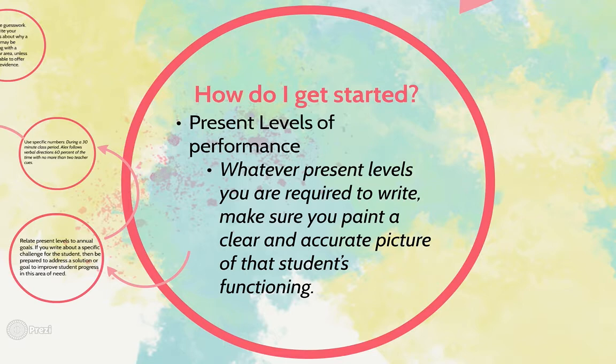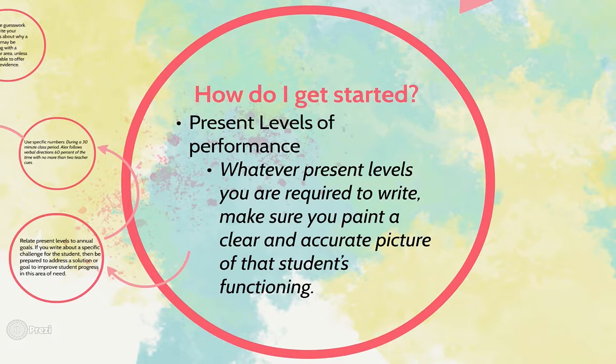To get started, you really need to focus on present levels of performance. So you need to know what the student can do first before you highlight some things for them to work on. So whatever present levels you're required to write, make sure you paint a clear and accurate picture of the student's functioning.